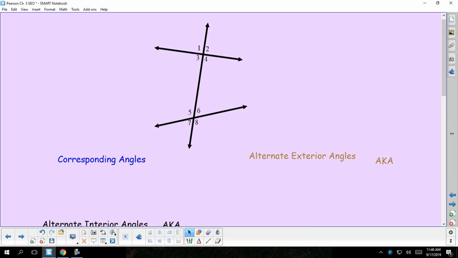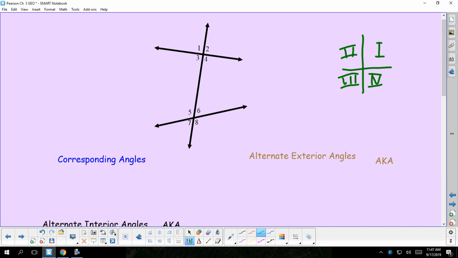So the first one we're going to look at is corresponding angles. And I like to think about our coordinate plane, remember how that works. We have quadrant 1, 2, 3, and 4.